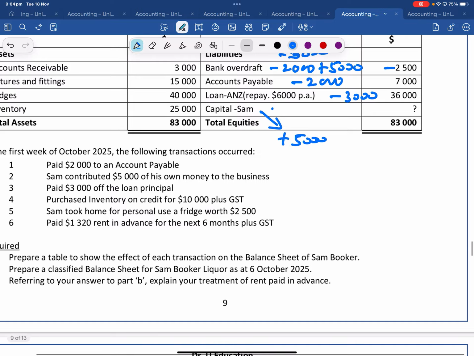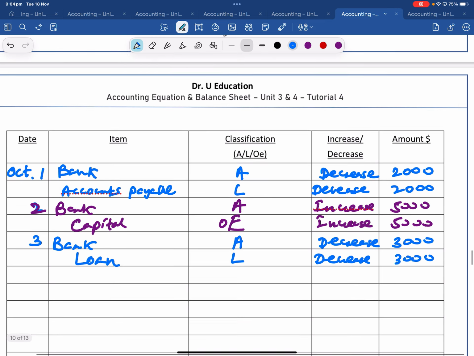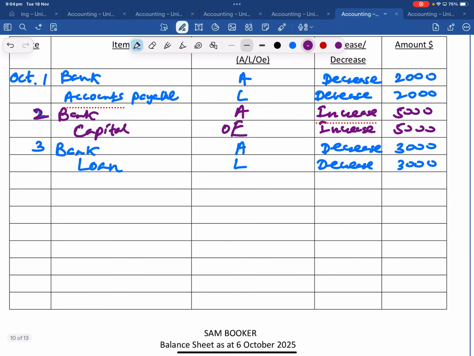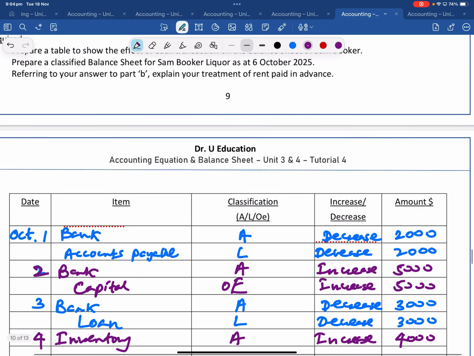Right. Purchase inventory on credit for 10,000 plus GST. Inventory. So what happens, guys? Inventory, how much? Asset increase 10,000. Sorry.